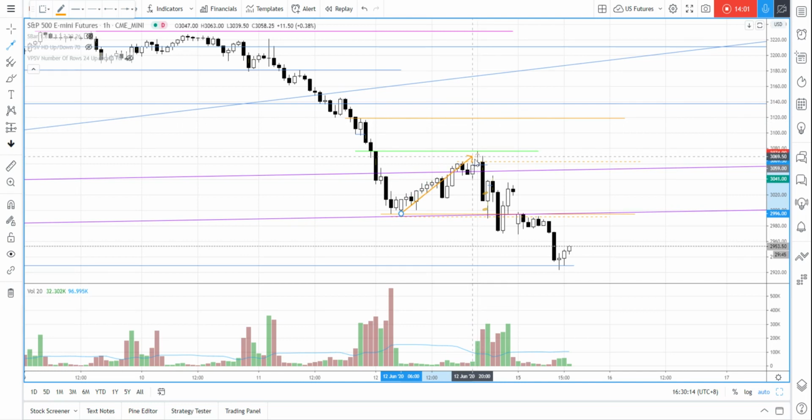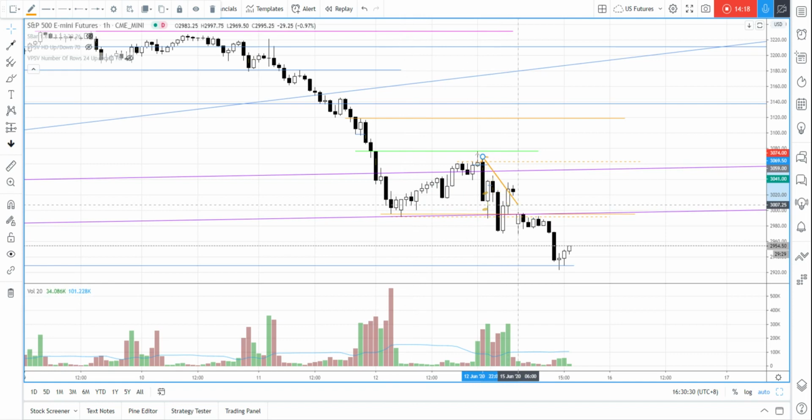But you can see that the rebound was met by some sort of supply, and eventually we saw the sell-off begin on Friday and only recover in the last 2 hours. And definitely there's supply there. Supply is still relatively high.